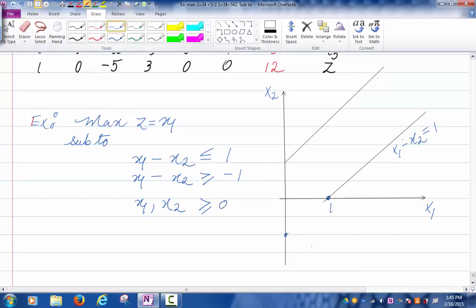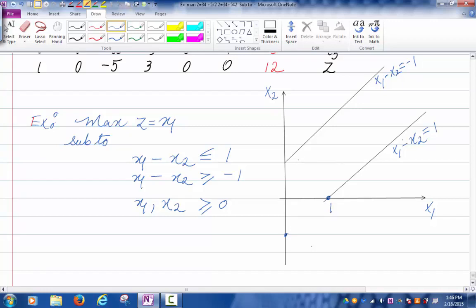So this would be X1 minus X2 is equal to -1. Now, what's the feasible region? Can you identify the feasible region?